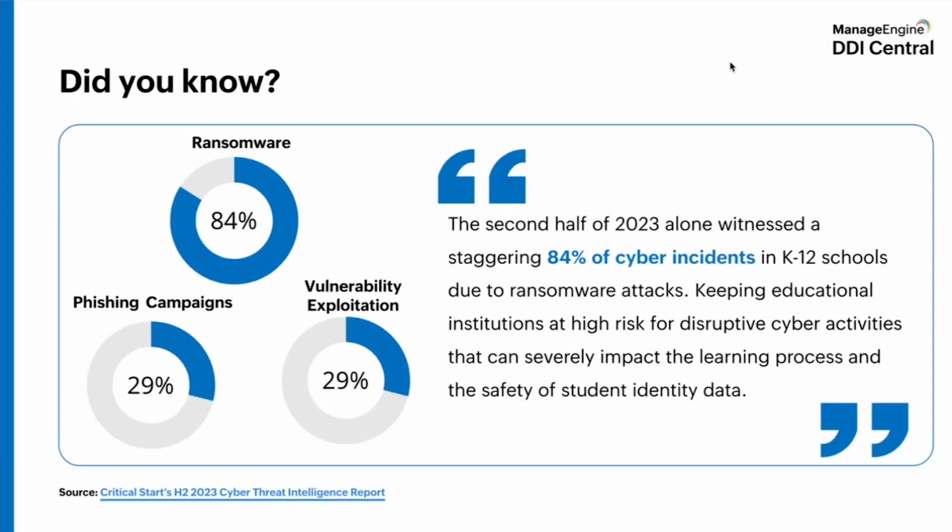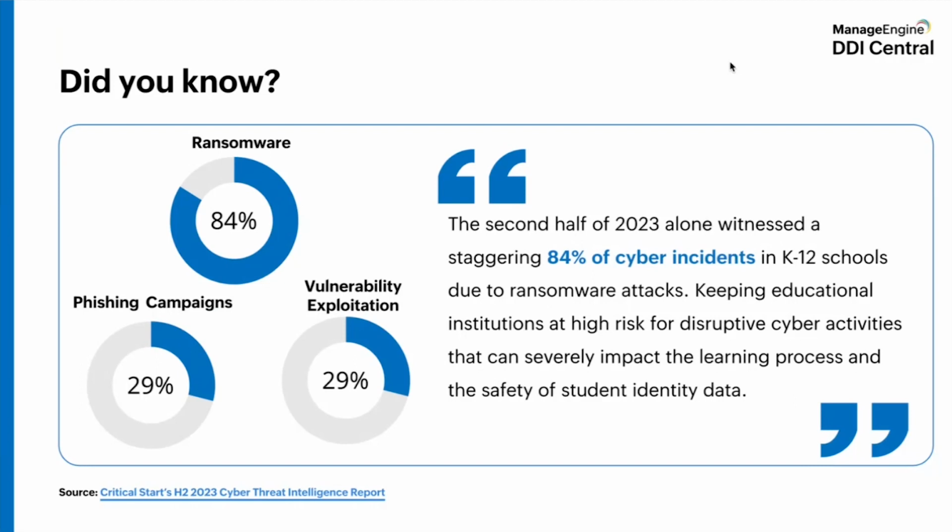Look at the figures here. According to Critical Start, the second half of 2023 alone witnessed a staggering 84% of cyber incidents in K-12 schools due to ransomware attacks. This stark figure is a testament to the cunning strategies of cybercriminals who exploit network vulnerabilities to encrypt critical data and demand ransom.